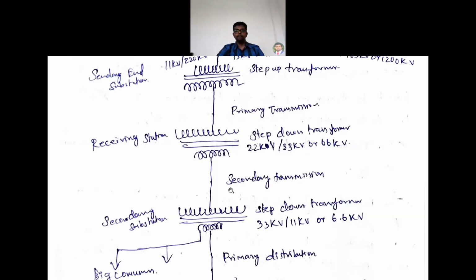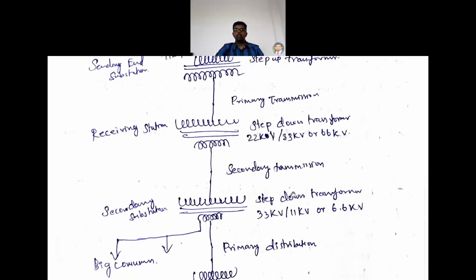But if you take a practical power system, many substations might be there, n substations, depends on the load. So in this secondary substation, the 33 kilovolt is being stepped down into 11 kilovolt or 6.6 kilovolt.